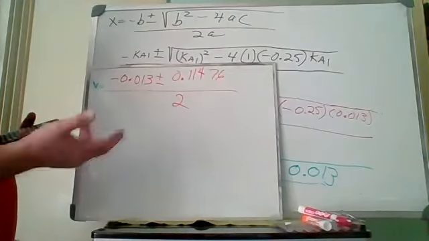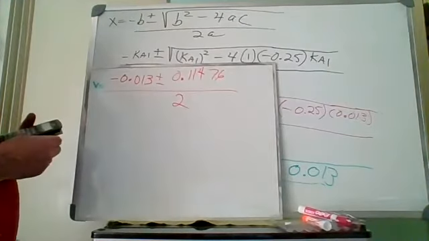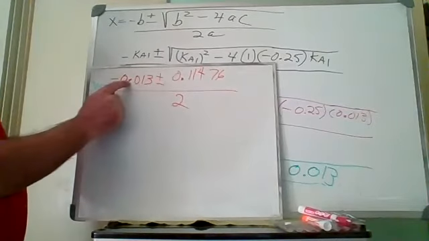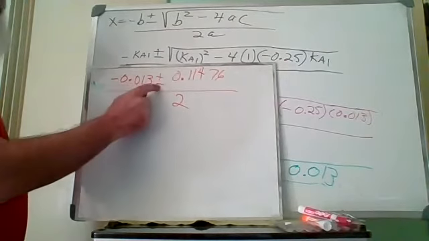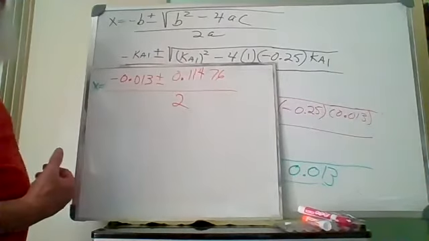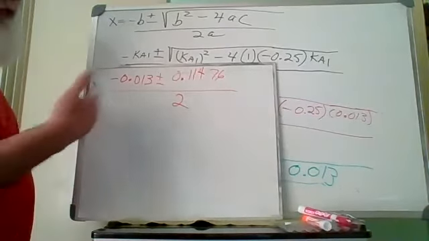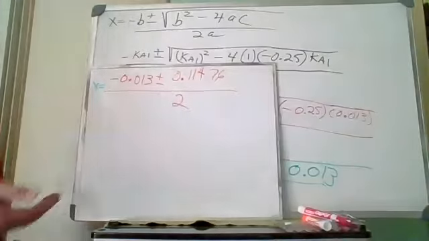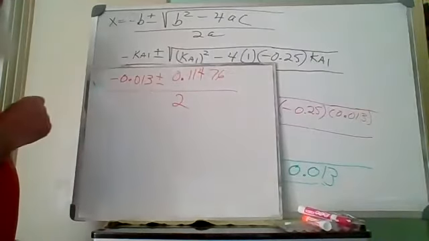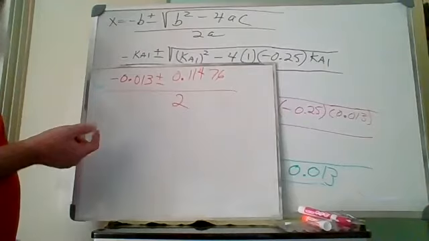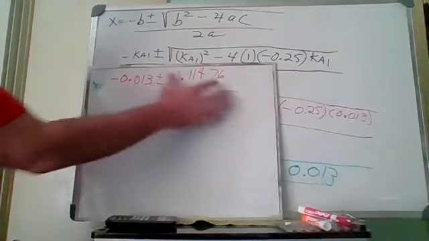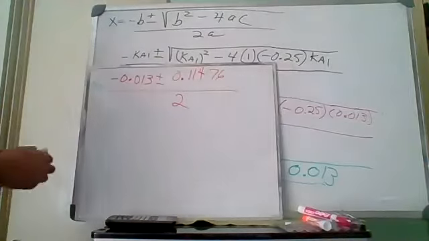It must be a positive number. Now, if I take 0.013 and subtract 0.114, that's going to be a negative number. That answer has no physical meaning. Only the positive root makes physical sense. So our answer is going to be this negative plus this 0.114 divided by 2.